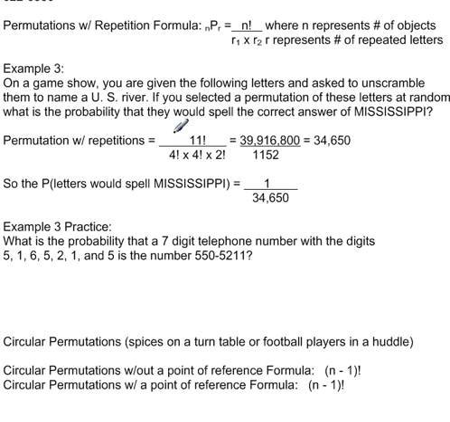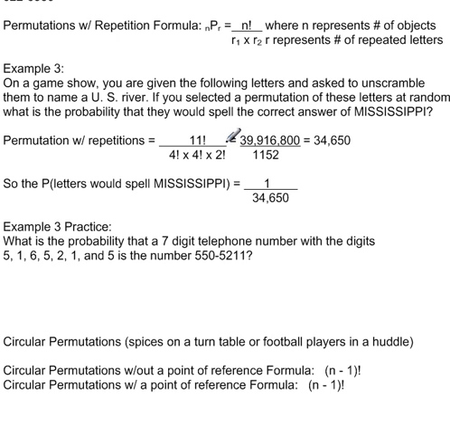All right, so in example 3, we're on a game show and we're given these letters that spell out Mississippi, but of course they're all mixed up. So the probability of spelling Mississippi, when the I repeats 4 times and the S repeats 4 times and the P repeats twice, is you have 11 letters factorial over 4 factorial for the I's that repeat, 4 factorial for the S's that repeat, and 2 factorial for the P's that repeat.